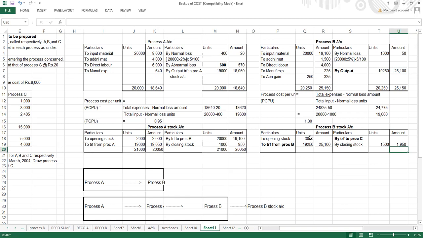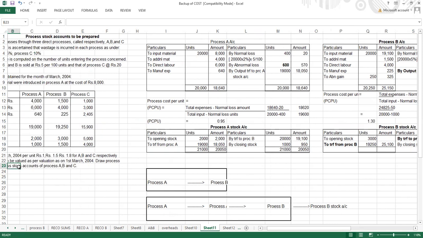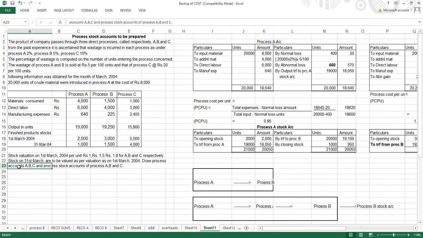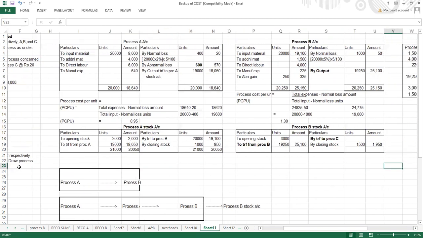Which opening value we haven't found out? What was the opening rate given to us? It was 1.5 for B. 3,000 into 1.5. Add these values.